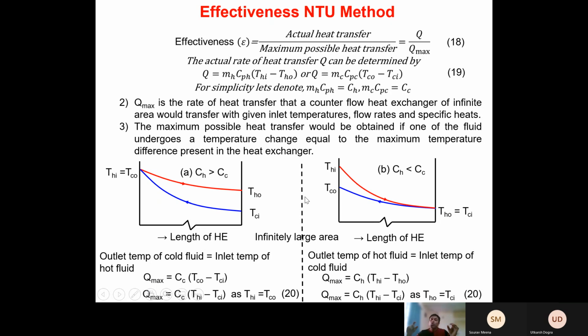So overall, Qmax is given by Cmin times THI minus TCI. Do you agree? Cmin will be the minimum value between CH and Cc. Make sense to everyone? Yes, sir.